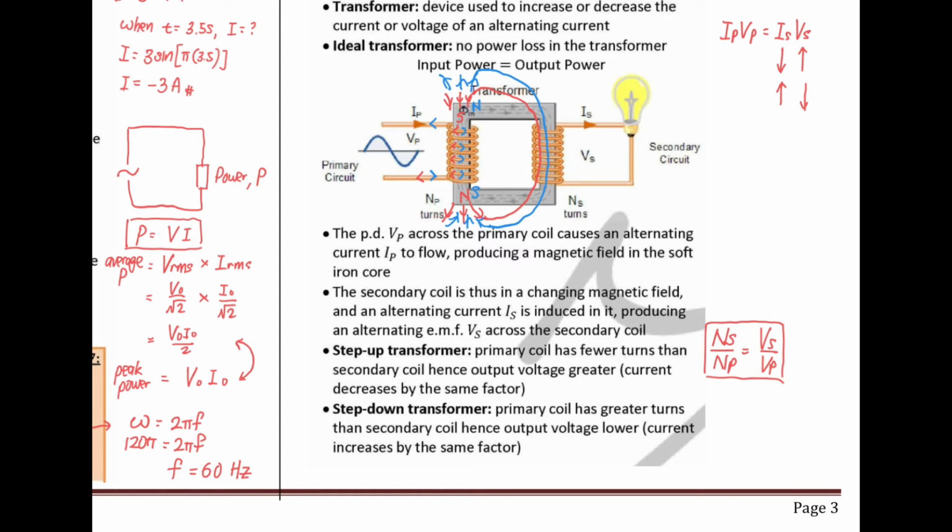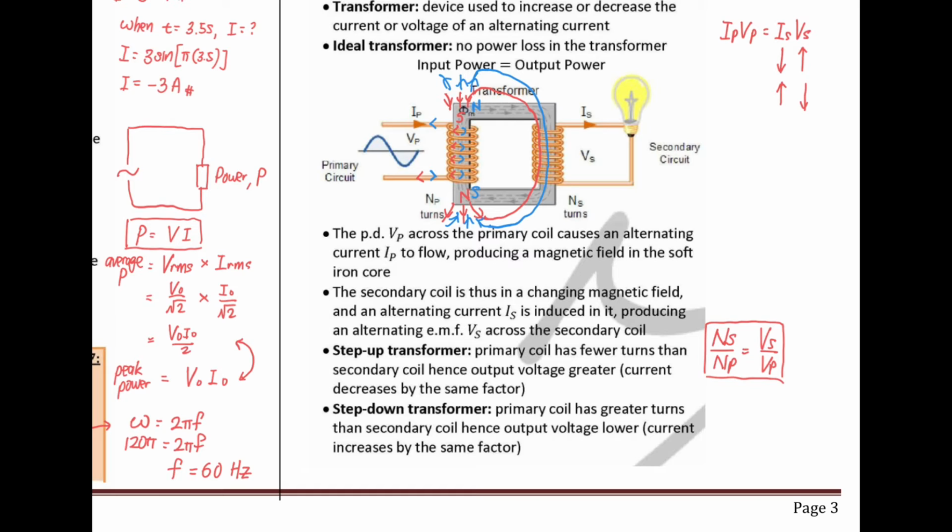So if NS is many times greater than NP, then VS will be many times greater than VP also. It will step up a lot. Okay, so this is a step-up transformer.